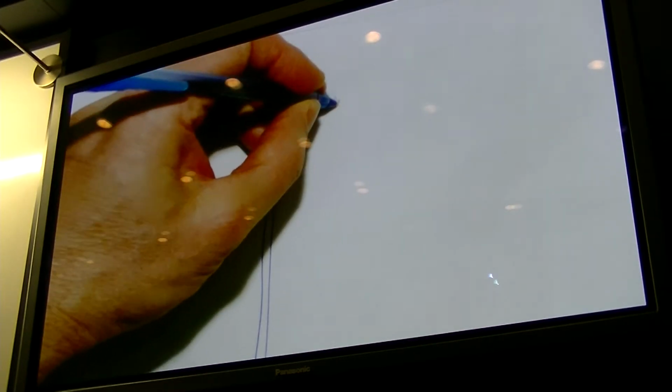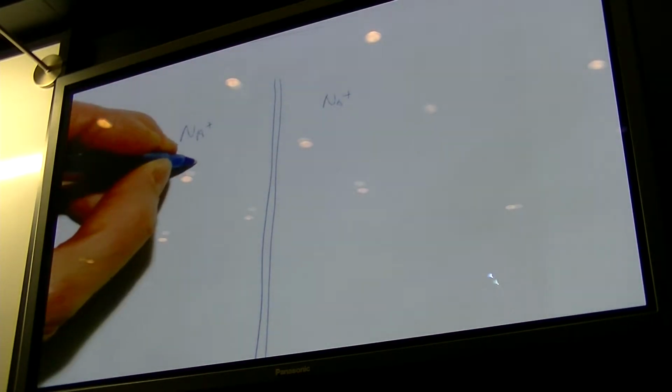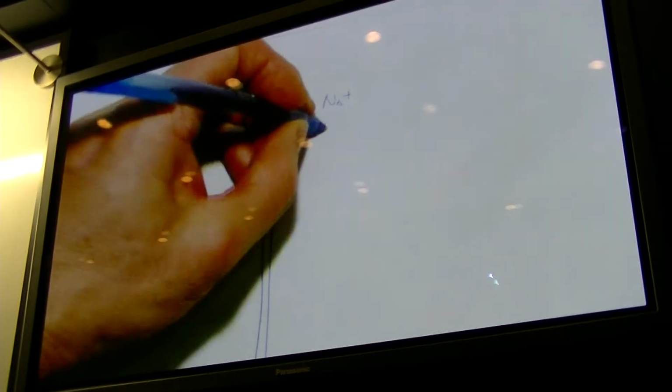Now this was the example for glucose. Let's say that we have a charged molecule, an ion, like sodium. And that sodium can also be present at different concentrations.